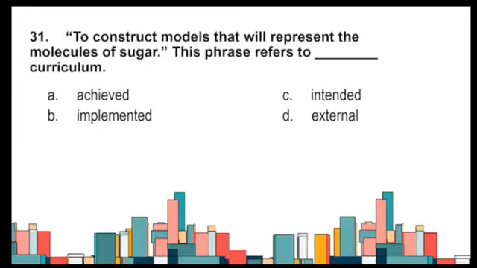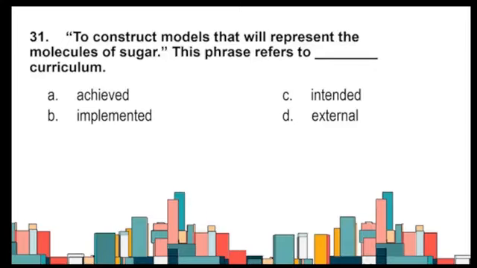Sorry, that's intended. No, that's intended. They are able to know what is the measure of success, no? So that's intended. To construct models. The achieved curriculum is when they got, for example, 80%, no?